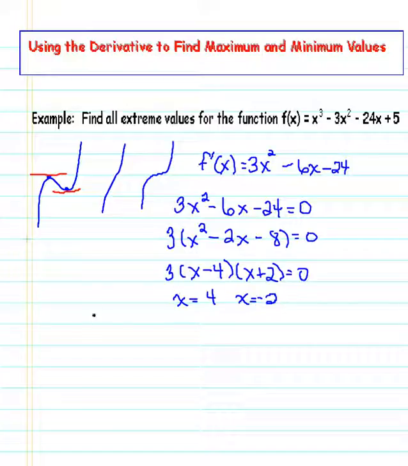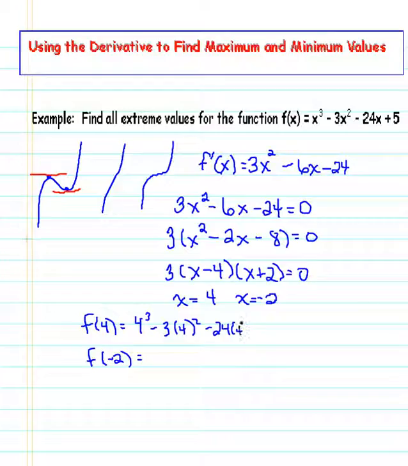So we're going to evaluate f of 4, and we're going to evaluate f of negative 2 to see what we get. So let's plug that 4 into the original equation to figure out how high it goes at that point. So in the original equation, that's 4 to the third minus 3 times 4 to the second minus 24 times 4 plus 5.